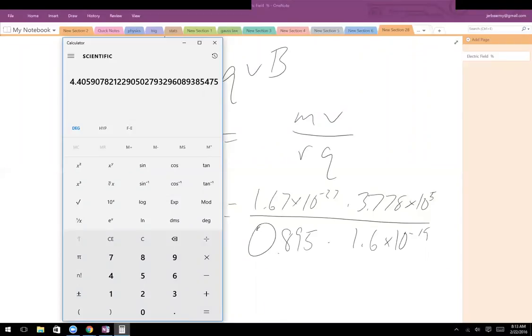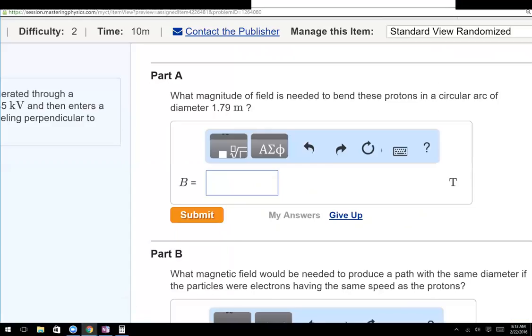I'm going to have 19 and 27, that would be 8 plus 5 is minus 3. So I think it's that times 10 to the minus 3. So 4.41 times 10 to the minus 3. Let's try it.